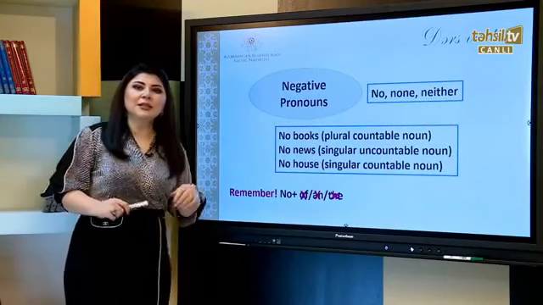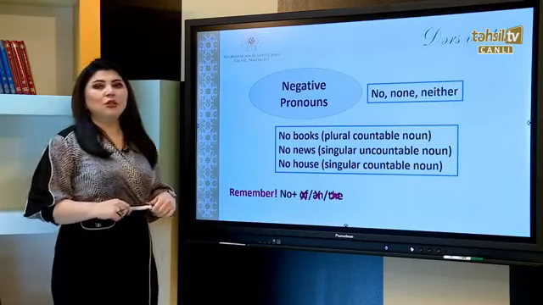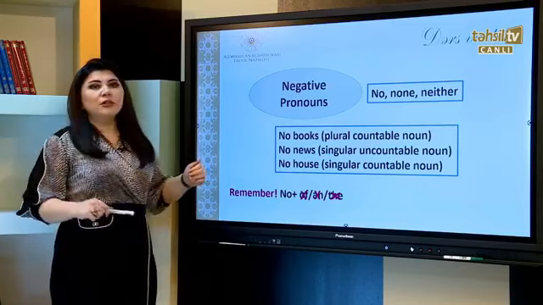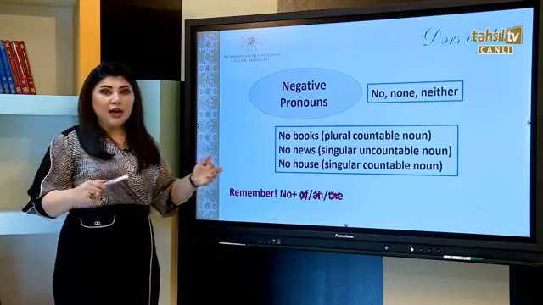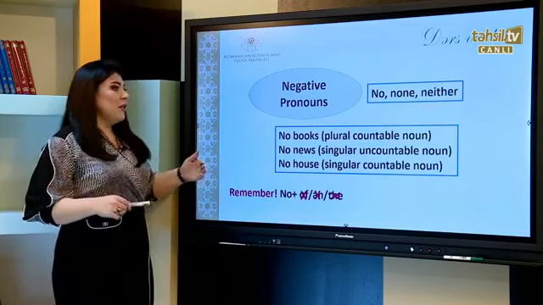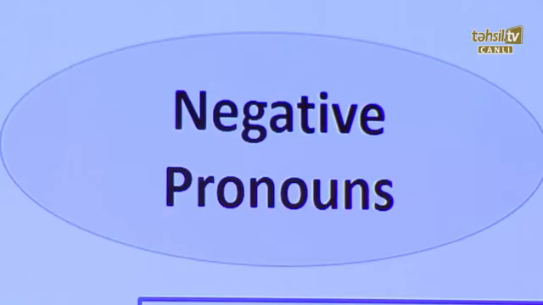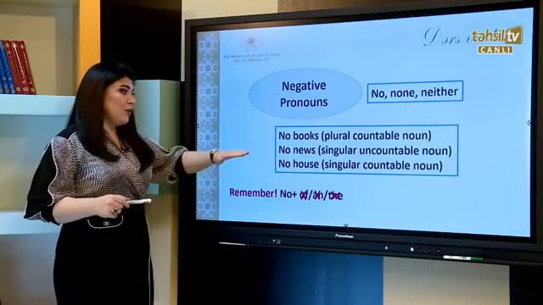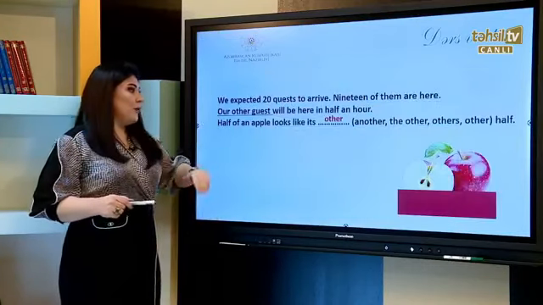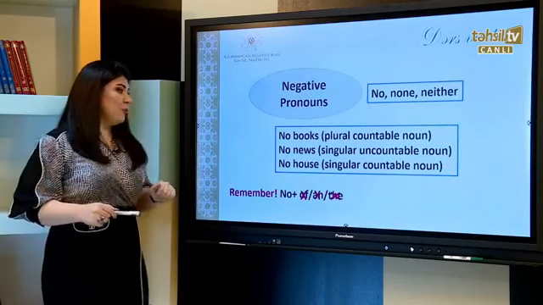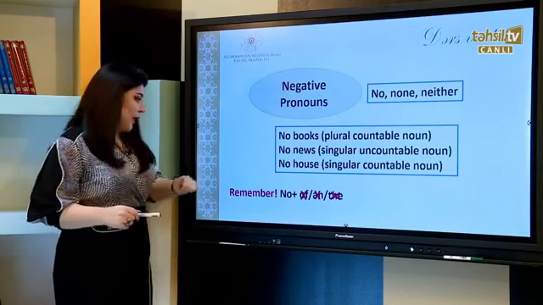Well, and now I would like to talk about negative pronouns. Negative pronouns: no, none, neither, and their derivatives. Dear students, negative pronouns are used with plural countable nouns, with singular uncountable nouns, for example, no news, and singular countable noun, no house, okay?